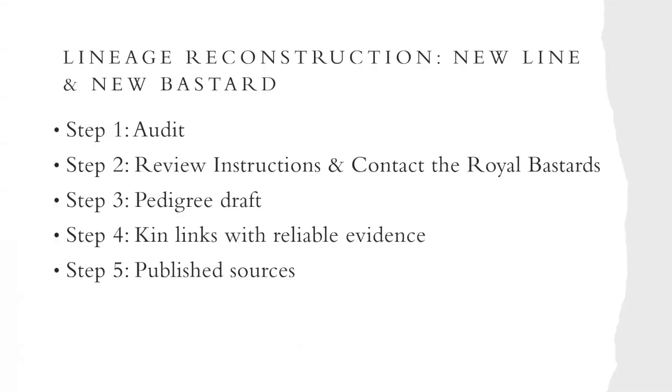I studied the instructions thoroughly and contacted the Royal Bastards for any questions about citations, preferred format, and other details that did not require the Herald genealogist to prejudge my work. I drafted a pedigree that I suspected would link to a bastard of a king of England, but also noted any lineage issues that may have needed to be resolved in order to have a verifiable lineage.